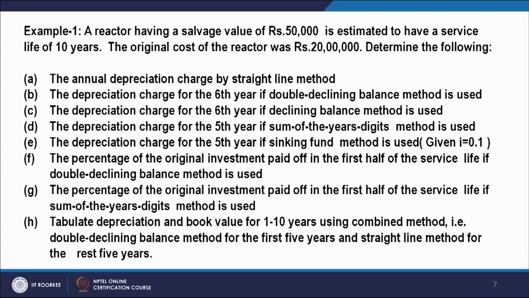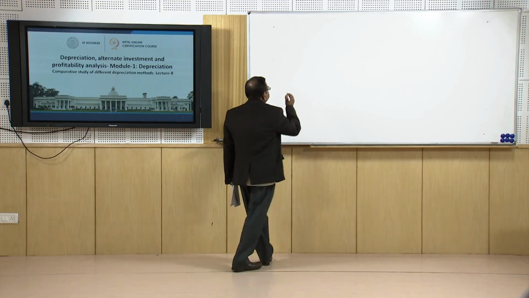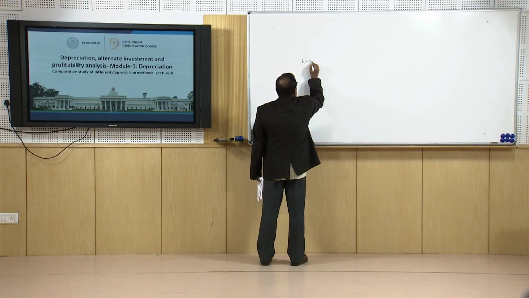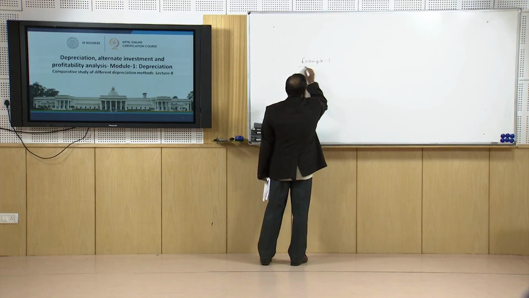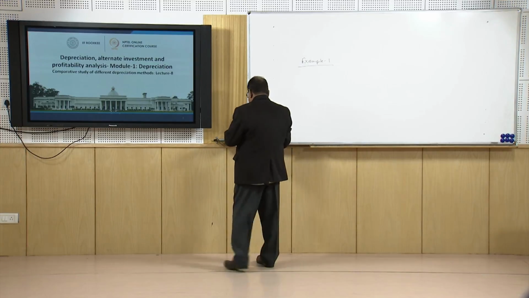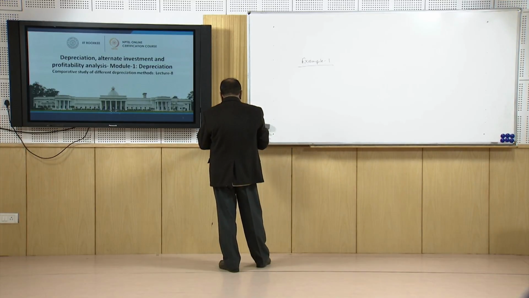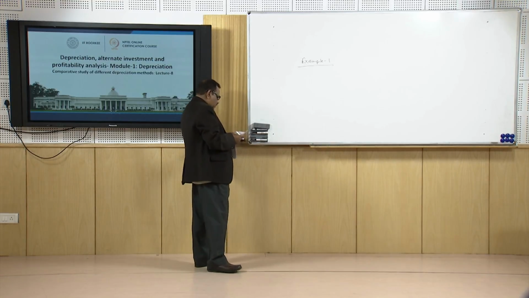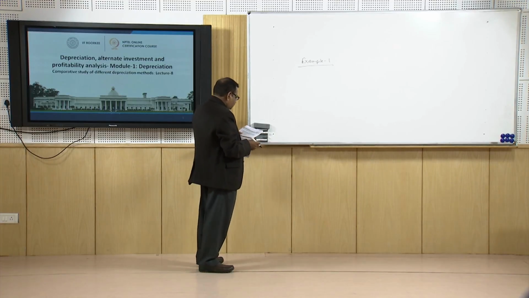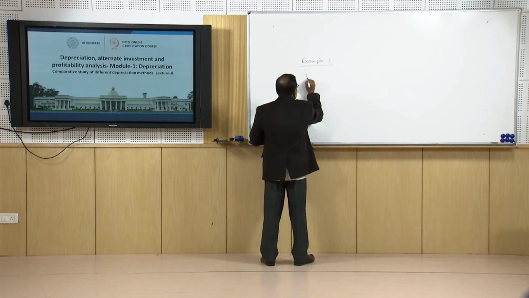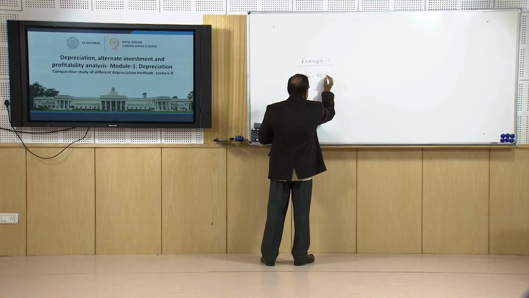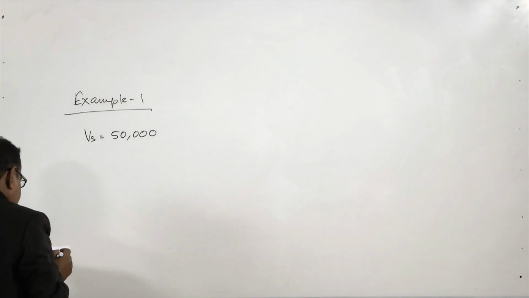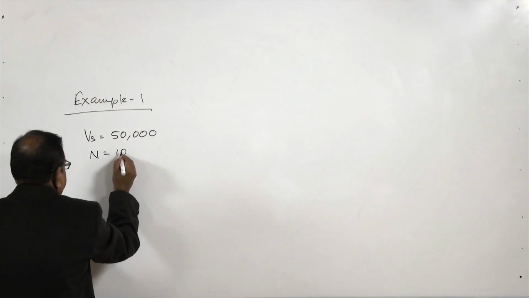Now, let us start with example 1, in which we will compare all the methods. A reactor having a salvage value Vs of 50,000 is estimated to have a service life of 10 years, n is equal to 10 years.